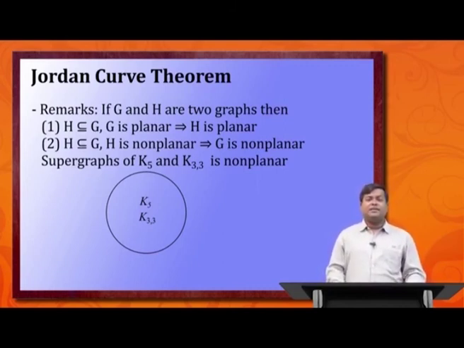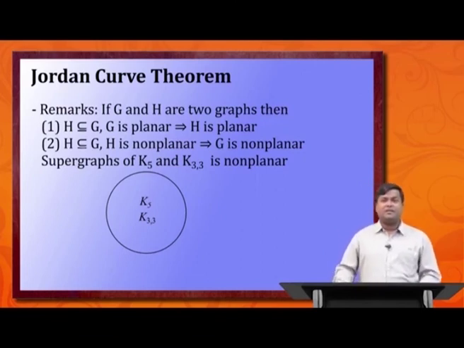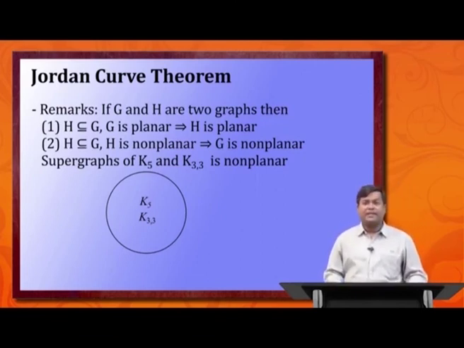Similarly, if H is a subgraph of G, or rather G is actually a supergraph of H, and if H is non-planar, then G is also non-planar. Why? The reason is very simple. Since G is a supergraph of H, and we are already assuming that H is non-planar, we are actually making G by adding a few more vertices or edges.